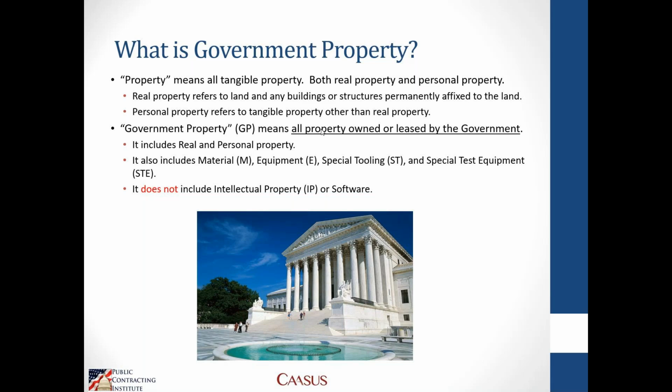So it means title in some way is going to vest with and transfer to the government if it's not already owned by the government. It includes material, equipment, special tooling, special test equipment, all forms of property, both contractor acquired and also furnished.